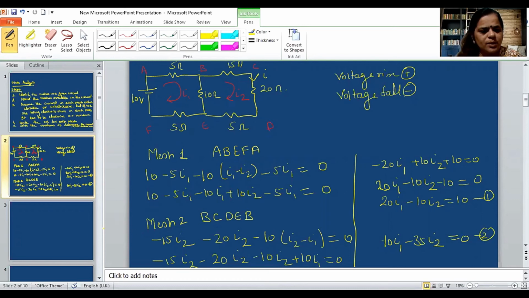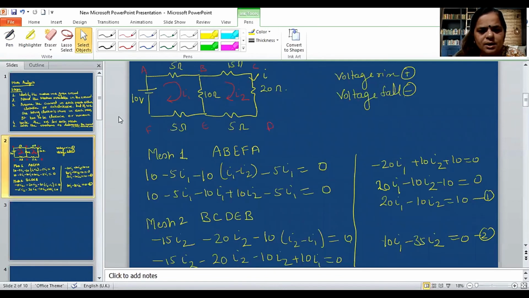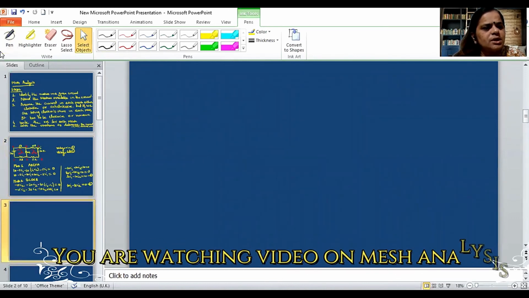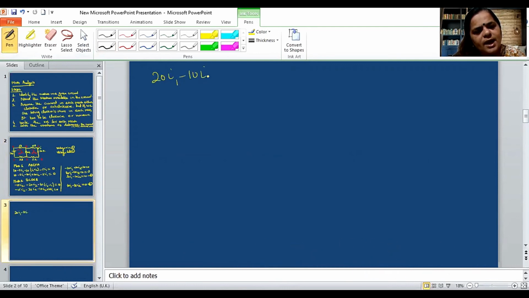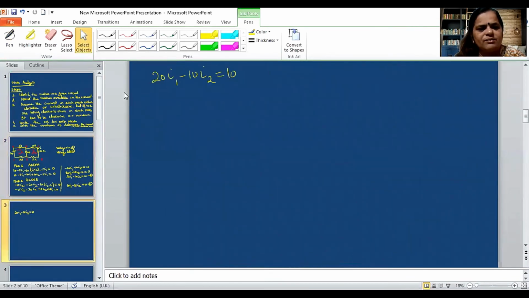So what are the equations? Finally, equation number 1: 20 I1 minus 10 I2 is equal to 10. And what is equation number 2? 10 I1 minus 35 I2, that is equal to 0.